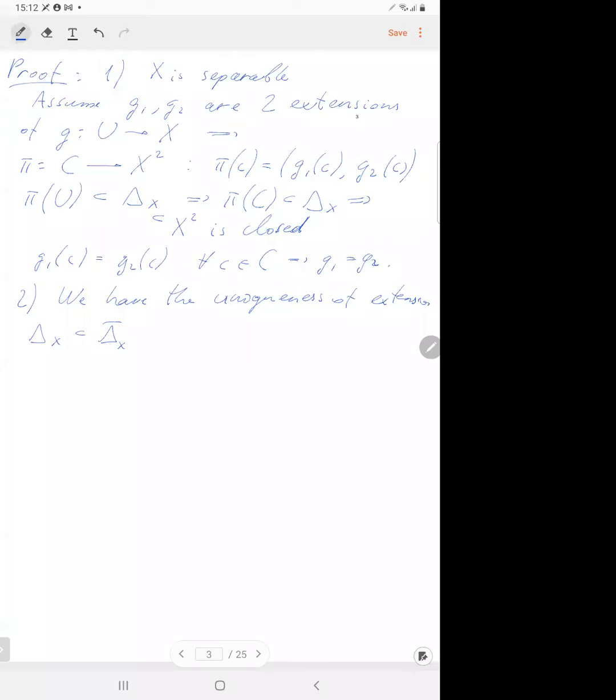We are going to prove it. So we want to prove that the closure of the diagonal coincides with the diagonal. The diagonal is closed, but a priori it could be bigger; anyway, the diagonal is a dense open subset.